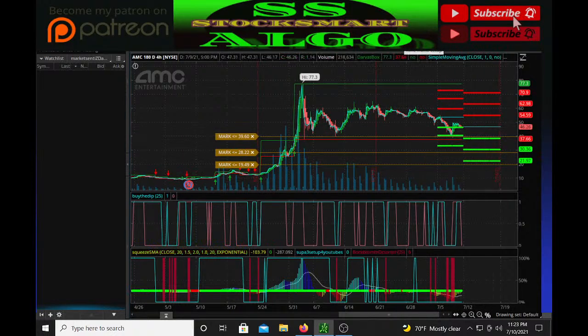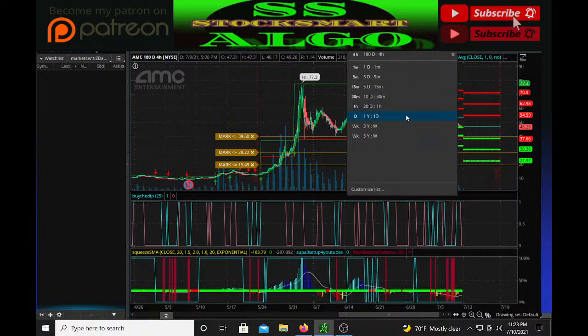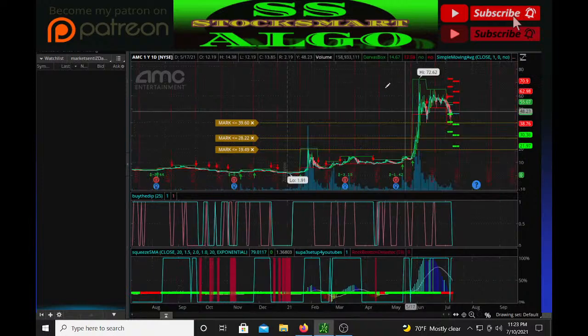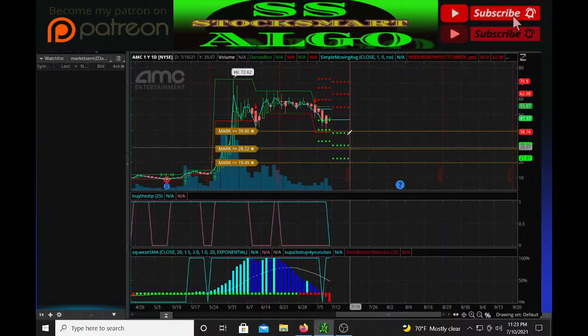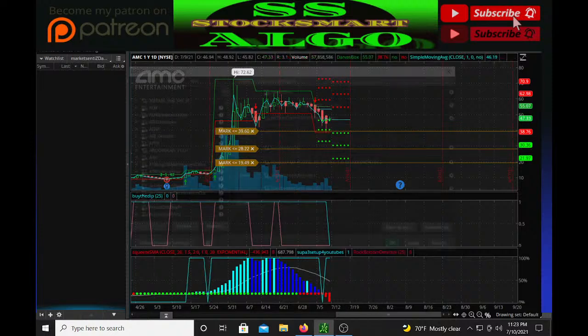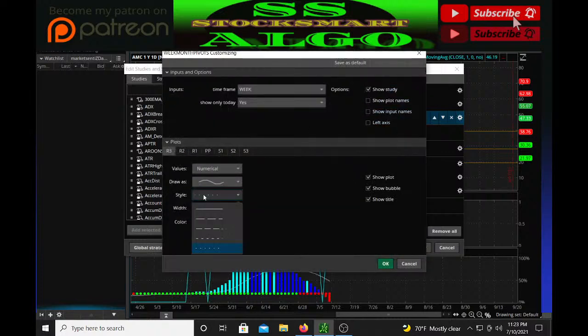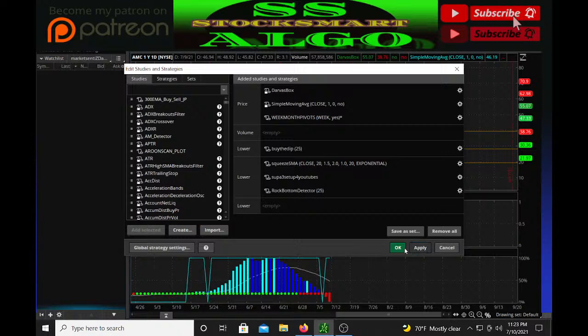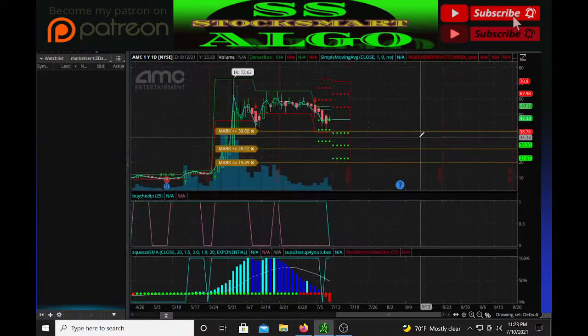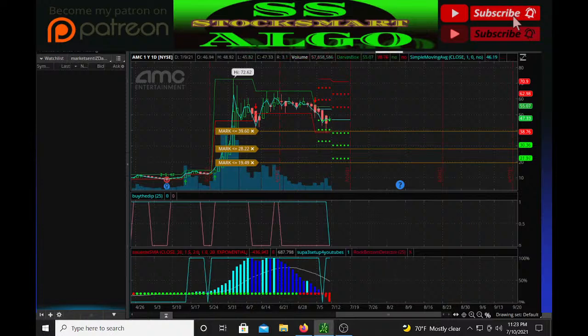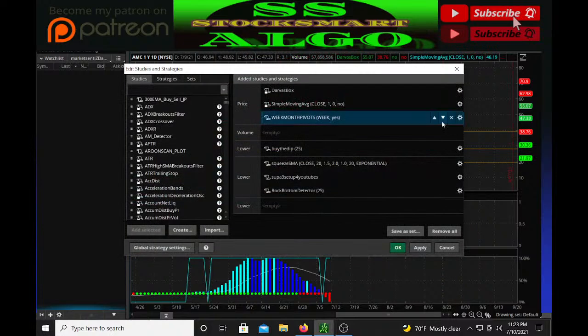So having, let's say, that support and resistance, 1, 2, 3, 1, 2, 3, very helpful. All right, let's go in here and change the style to line. Oh, that only changed that one. We'd have to go through and change them all.